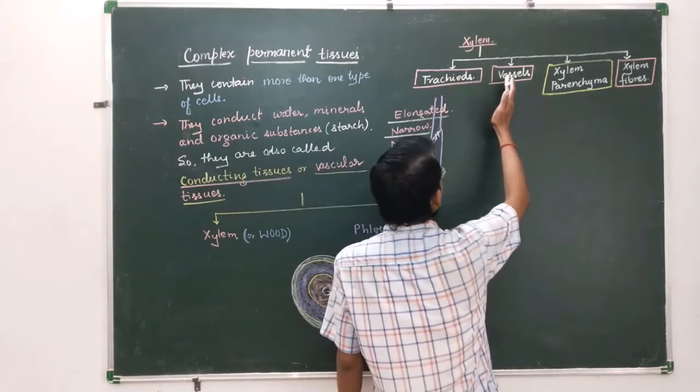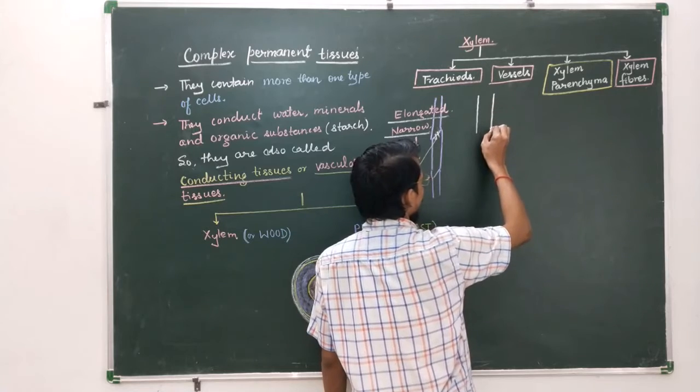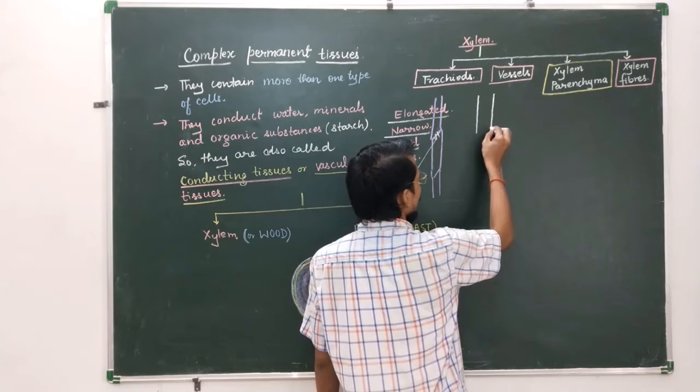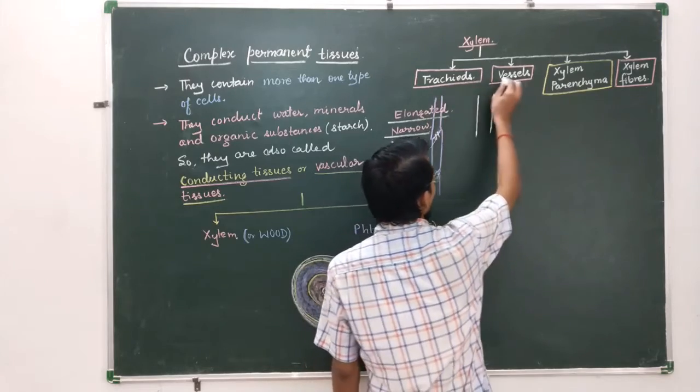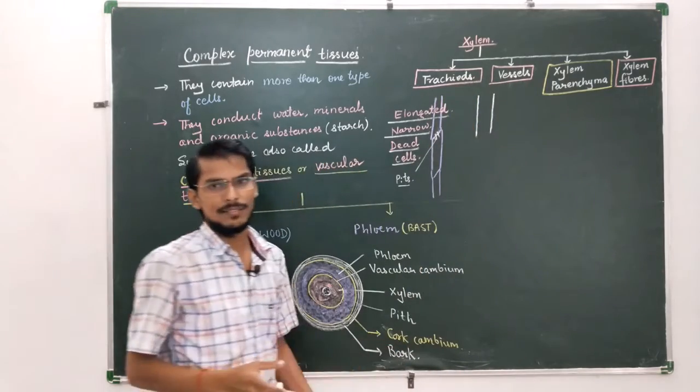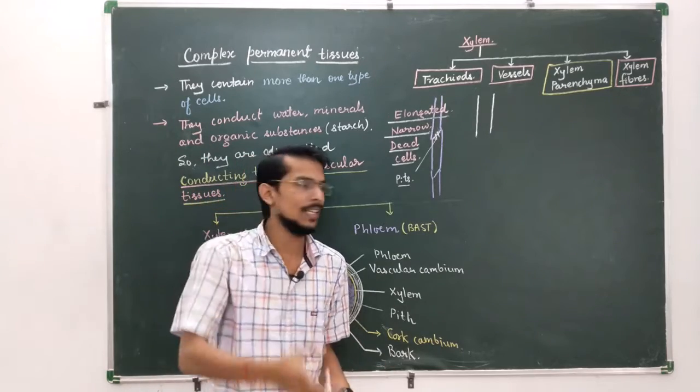Vessels, they are multicellular tube-like structures, much elongated as compared to tracheids. If you compare vessels with tracheids, you will find that vessels are much more elongated, multicellular tube-like structure.